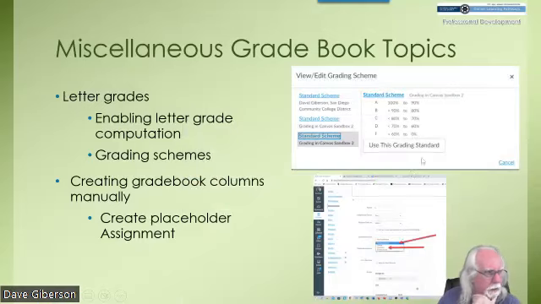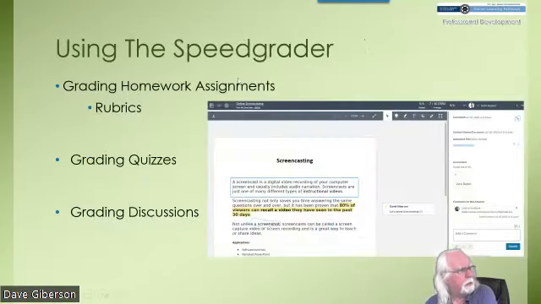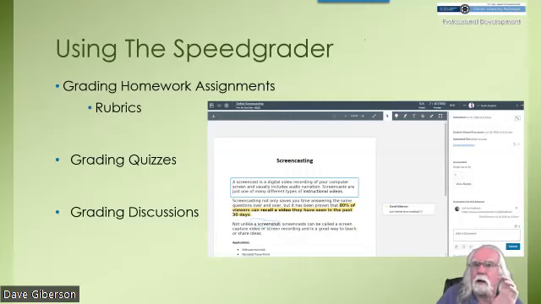Now, the remaining half hour, what I have budgeted for the speed grader. This is the grading tool in Canvas. This is how you grade assignments that are submitted to Canvas. If you are grading something that's submitted on paper, obviously you grade it in the usual way. You blue pencil it or whatever, and write a grade on the paper, and then maybe enter that into the Canvas gradebook.